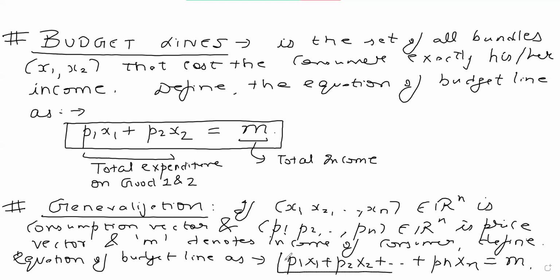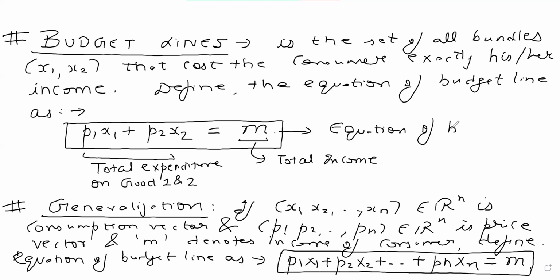This is the equation of the budget line in the nth dimension. This is the equation of the budget line in the 2-dimension space, where you only have 2 goods with 2 prices.